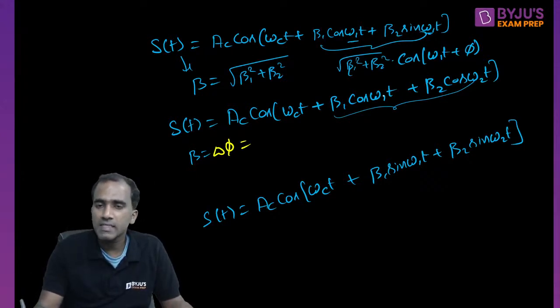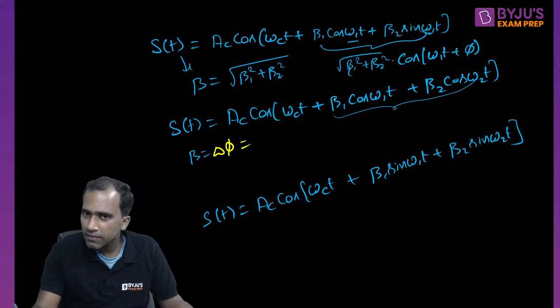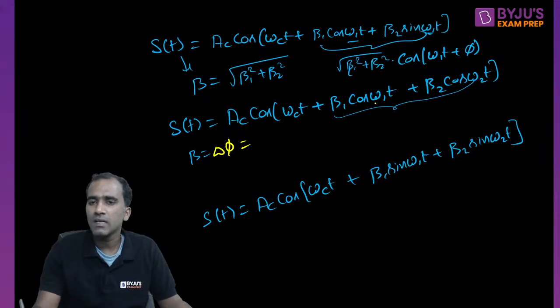In this case, the maximum magnitude of the phase part is easy to figure out, because when two cos signals with different frequencies are added, the addition becomes maximum at t equal to 0.